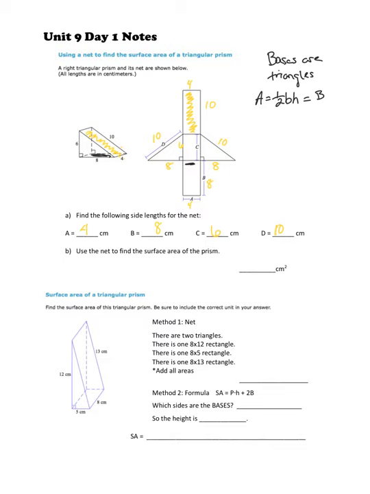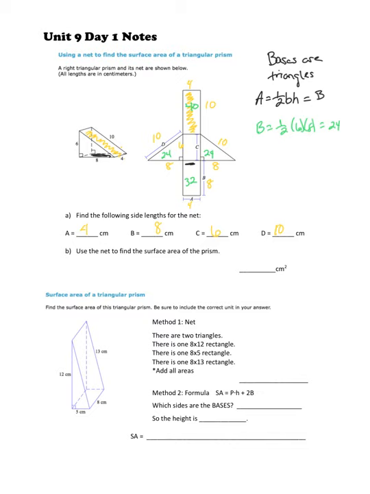All right, let's find the net. Use the net to find the surface area. I have big B equals 1/2 times 6 times 8, equals 1/2 of 48, which is 24. And I have another one, so this is 24, and that's 24. This is 4 times 10, so this is 40. This is 4 times 8, so this is 32.